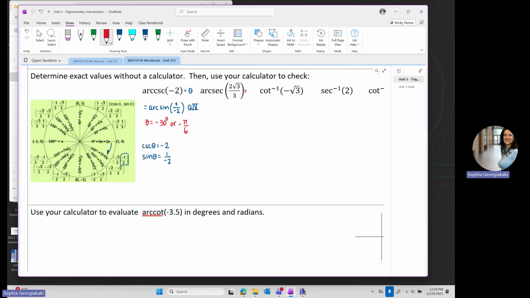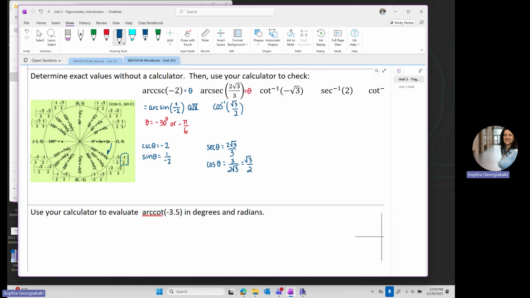The angle that has secant 2 square root of 3 over 3 will be the angle that has cosine 3 over 2 square root of 3, which is square root of 3 divided by 2. We are talking about an angle, so inverse cosine of the square root of 3 divided by 2.